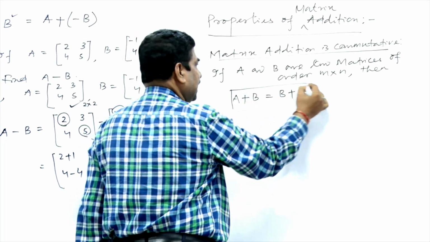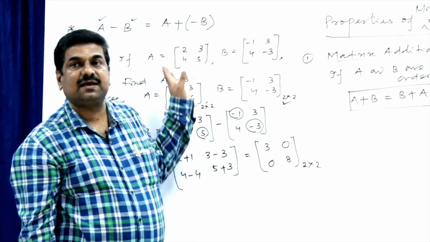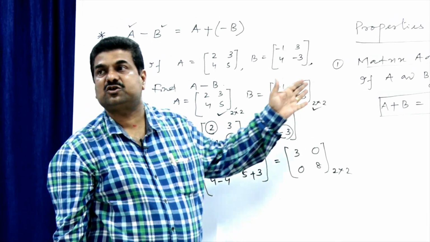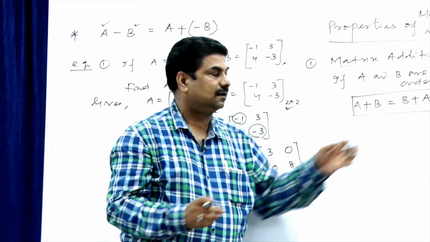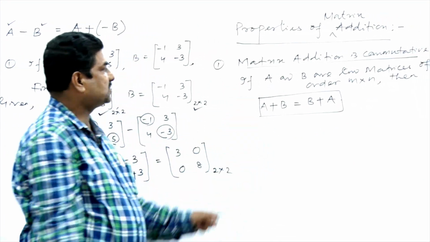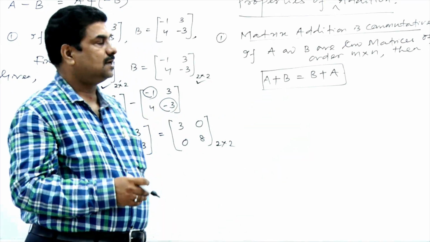Here you see A plus B is equal to B plus A. But in case of subtraction, A minus B is not equal to B minus A, dear. In case of addition, A plus B is B plus A.